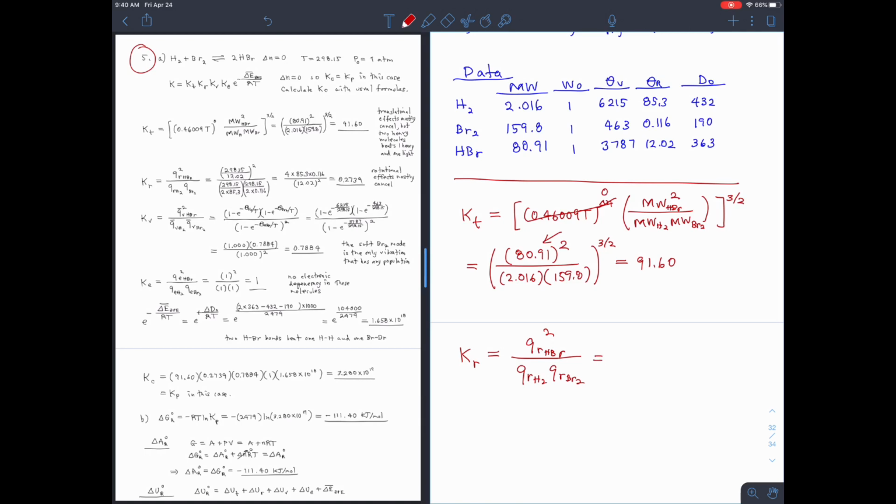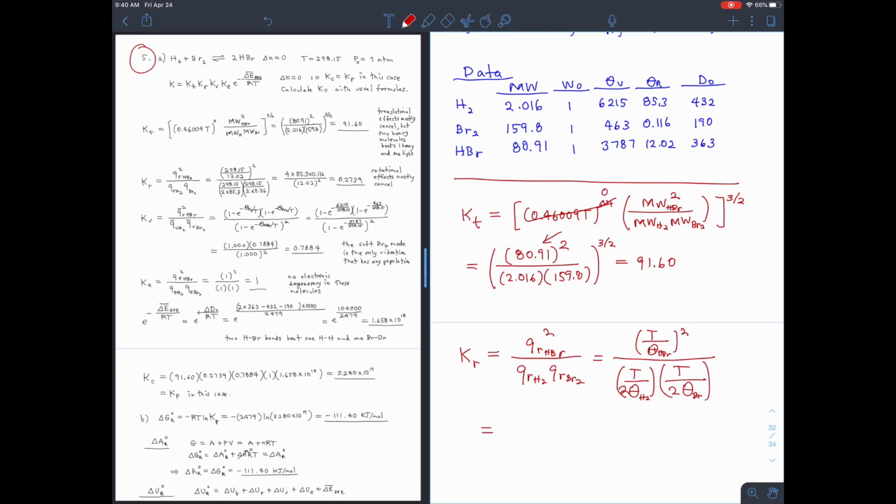The symmetry factor for HBr is 1, so this is T over theta for HBr, squared, over T over theta for H2 with a sigma factor of 2 in there, times T over 2 theta for Br2, again with a sigma factor of 2 in there.